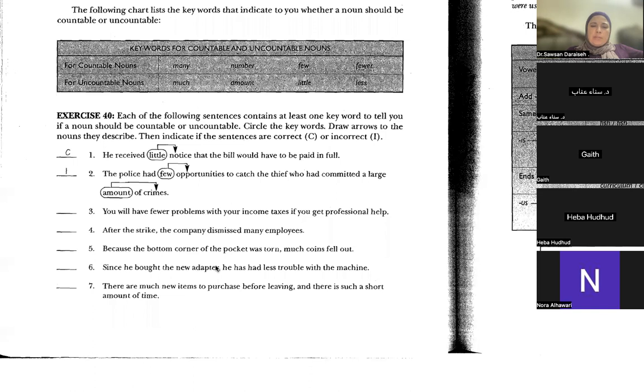So Doctora, could you please give again an example for much, amount, little, less? Yeah, for example, I want a little sugar in my tea, like this, without saying a spoon. Can I have a little sugar in my tea? Yeah, that's how I drink my tea, with a little sugar.